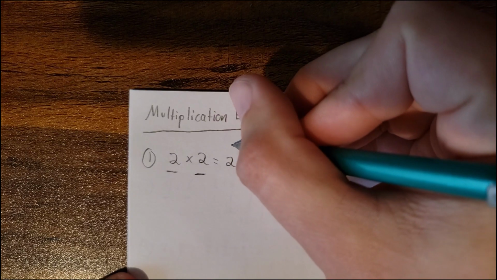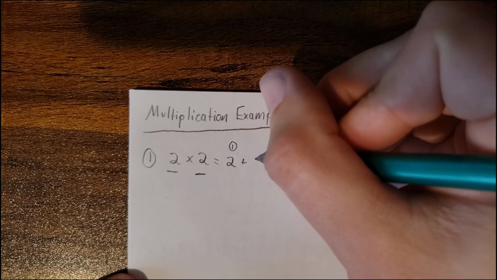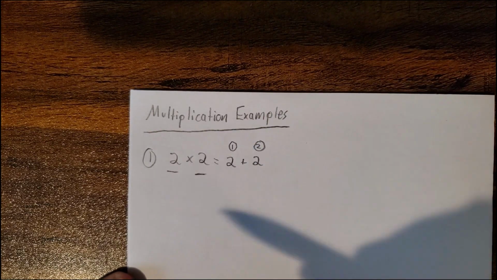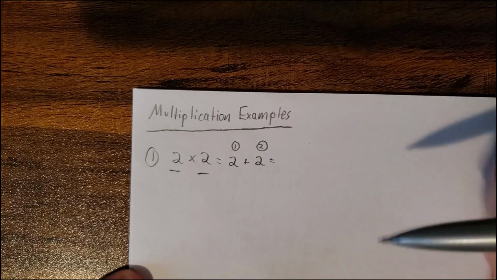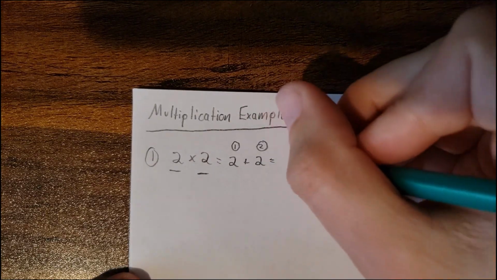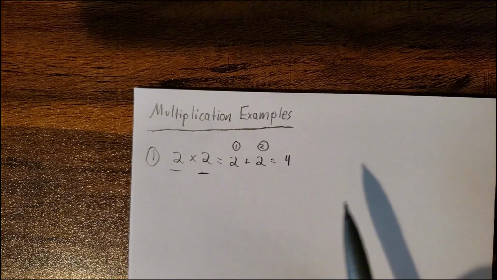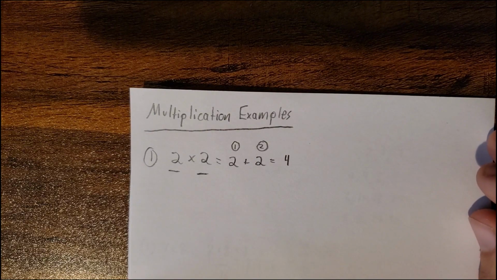We have our first group of 2 plus our second group of 2. So we have 2 2's being added together. When you add them together, you get 4. Now that is a very basic review of what we went over last time. So let's do a couple more.